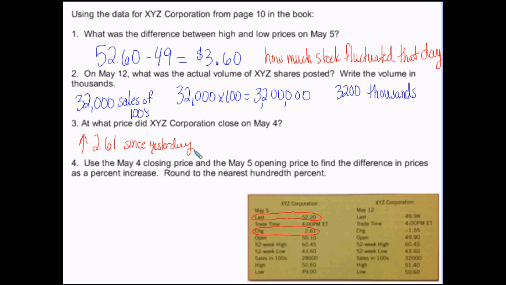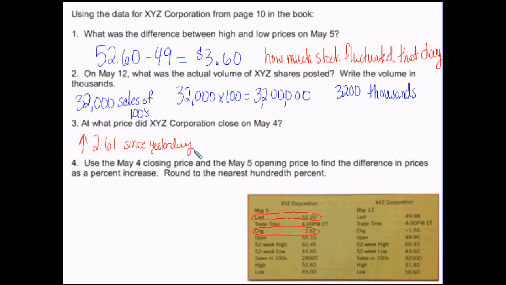If it was a negative number, that means I went down from yesterday, and so I'd want to go back up. Does that make sense? So if the change is positive, you subtract to find yesterday. If the change is negative, then you add to find yesterday. You always want to do the opposite.